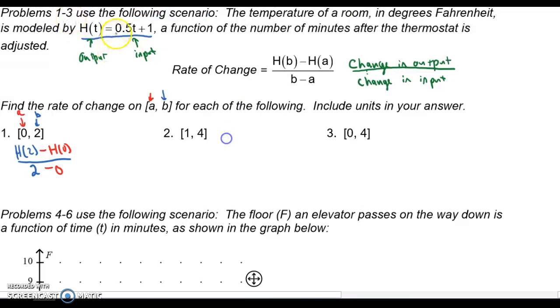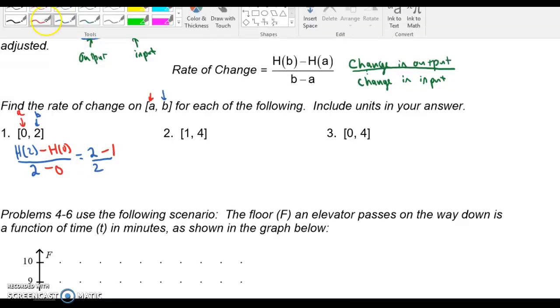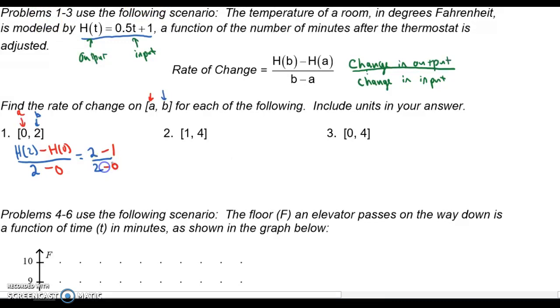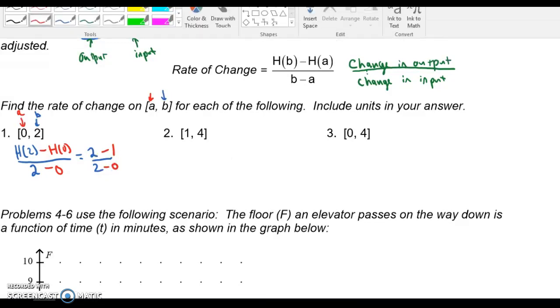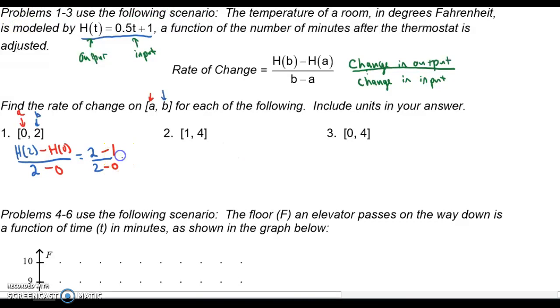When I do that, 0.5 times 2 is 1, and when I add 1, that's going to give me 2. h of 0, I take 0 and I plug it in there, and I add 1, and I get 1. So h of 0 is 1, and then I'm going to divide it by 2 minus 0. And so when I simplify that, I'm going to get 2 minus 1, which is 1, and then 2 minus 0 is 2. So my rate of change on the interval from 0 to 2 is 1/2.